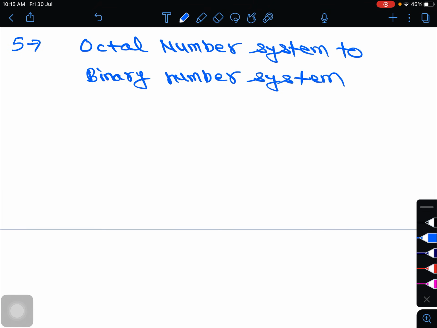To convert octal number system to binary number system, just write the octal number and its binary equivalent.